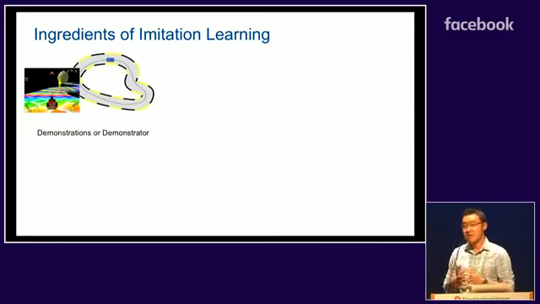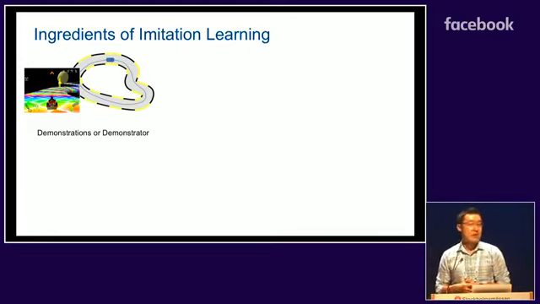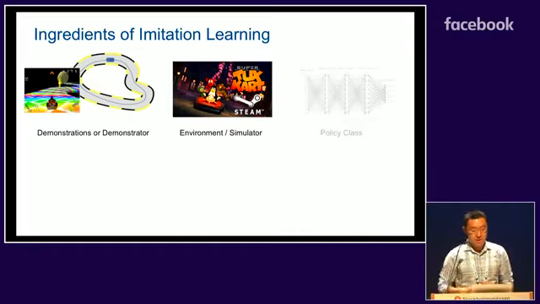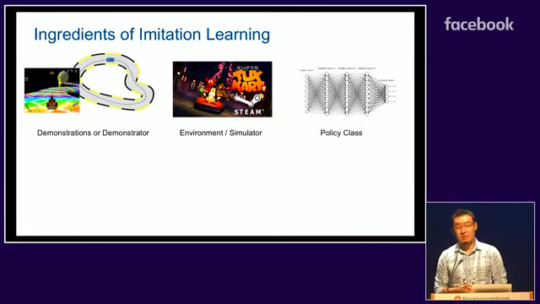So here are the key ingredients of imitation learning. It varies a little bit, obviously, from application to application, but these are the core ingredients. You start with having the demonstrations or a demonstrator. You often have a simulation environment, or the environment, often a simulator. Could be the real world, could be something else. You define a policy class to use for training. These days, it's often a deep neural net, although it doesn't have to be.